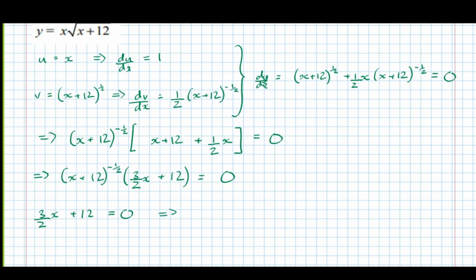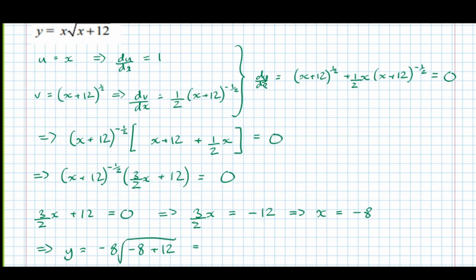So that means that 3 over 2 x equals minus 12. Times by 2, divide by 3, which means that x equals minus 8. And now we need the y values, which means that y equals minus 8 plus 12, so 4 to the power of a half, i.e. square rooted.